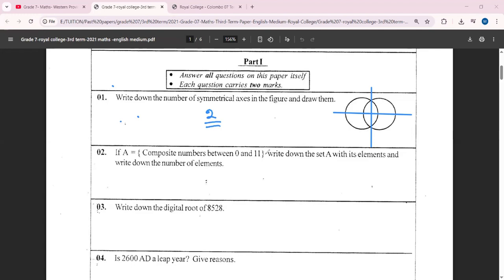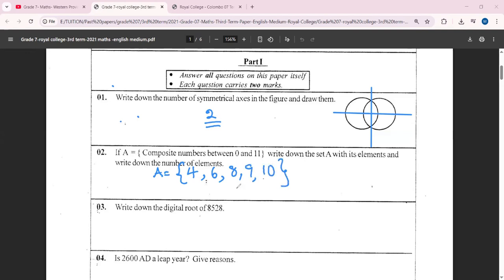And then for the second question: if A equals composite numbers between 0 and 11, write down the set A with its elements and write down the number of elements. You have to write down all the elements. So let's see composite numbers between 0 and 11. 0 we don't take for composite, 1 we don't take, 2 is prime, 3 is prime, 4 is composite, 5 is prime, 6 is composite, 7 is prime, 8, 9, 10.